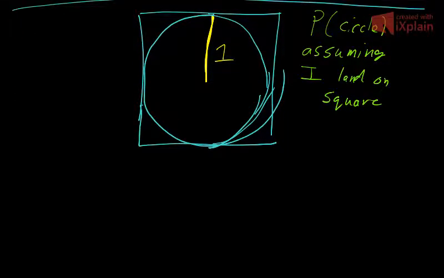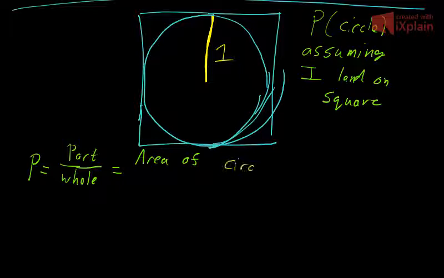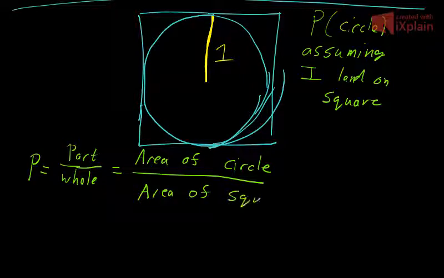So, my probability is still going to be the part over the whole, and my part is going to be the area of the circle, and my whole is going to be the area of the square. So what I want to do now is find the area of my circle.